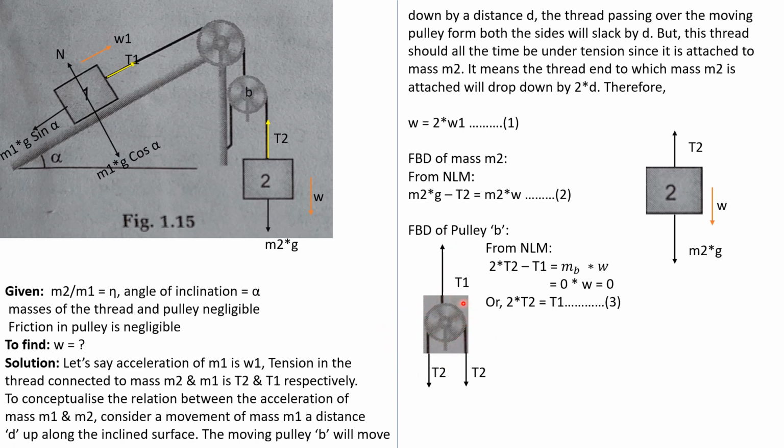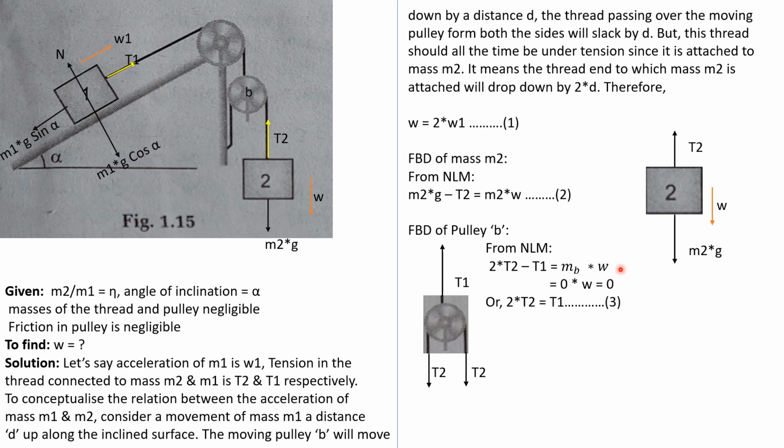Since the mass of the pulley B is negligible, there is no gravitational force acting on it. So we can apply Newton's law of motion on it, and we can write 2 into T2 minus T1 is equal to mass of the pulley B into W1.